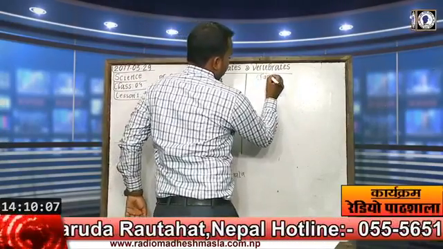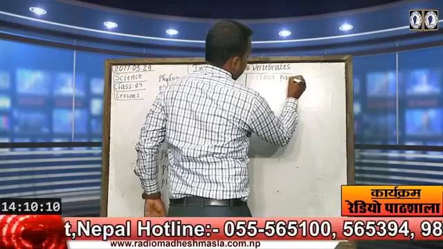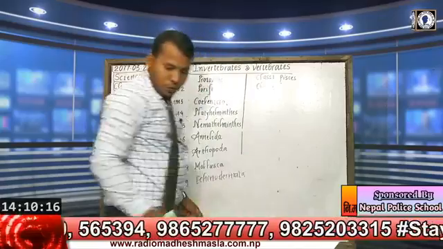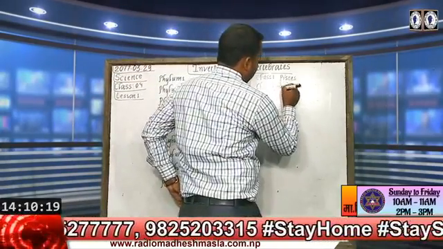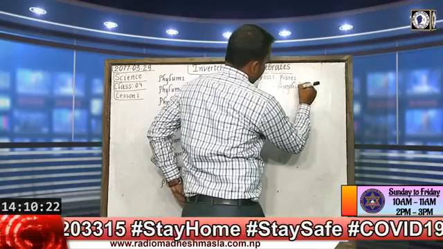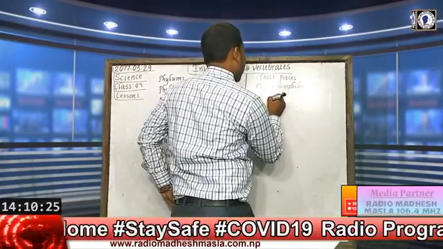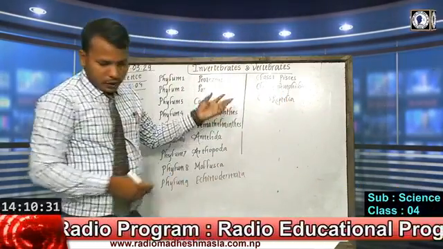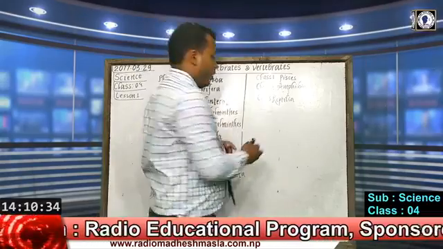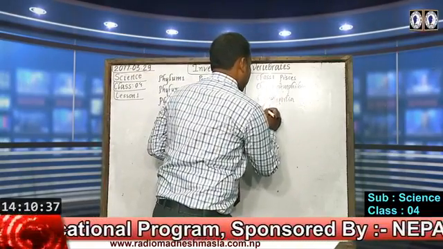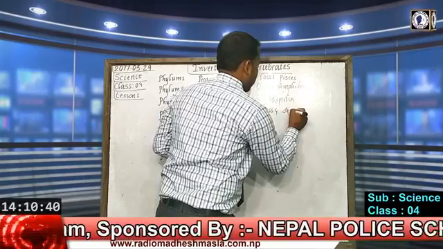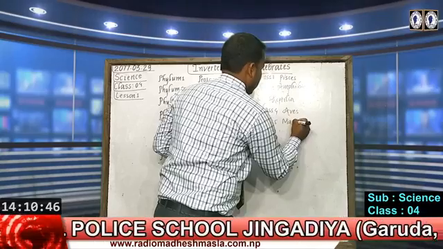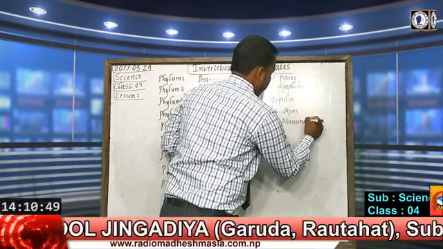Class 1 fishes, class 2 amphibia, class 3 reptilia, class 4 aves, and class 5 mammals or mammalia.